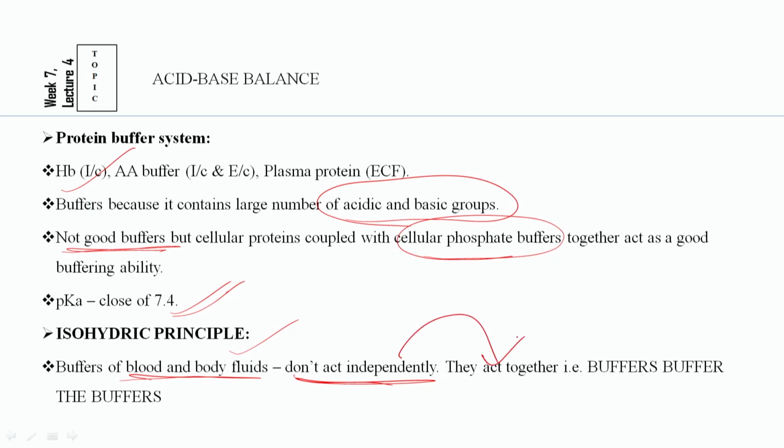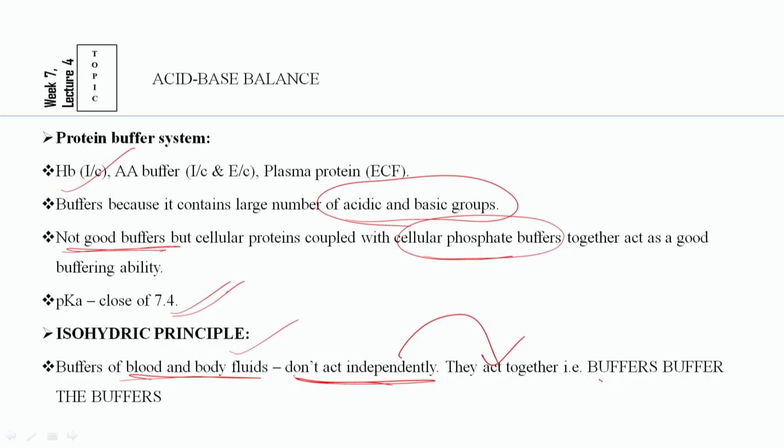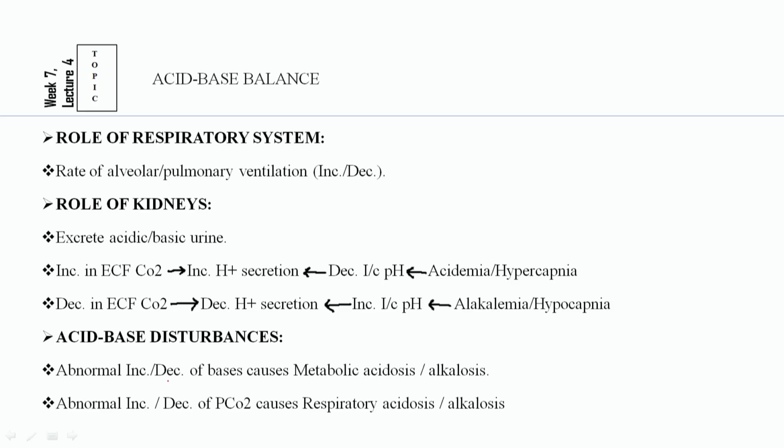So they act together to bring the homeostasis. This principle is called the isohydric principle. You can define this in another way: buffers buffer the buffers. So that means all the buffer systems have to act together so that the homeostasis can be brought and it will bring the pH back to normal.